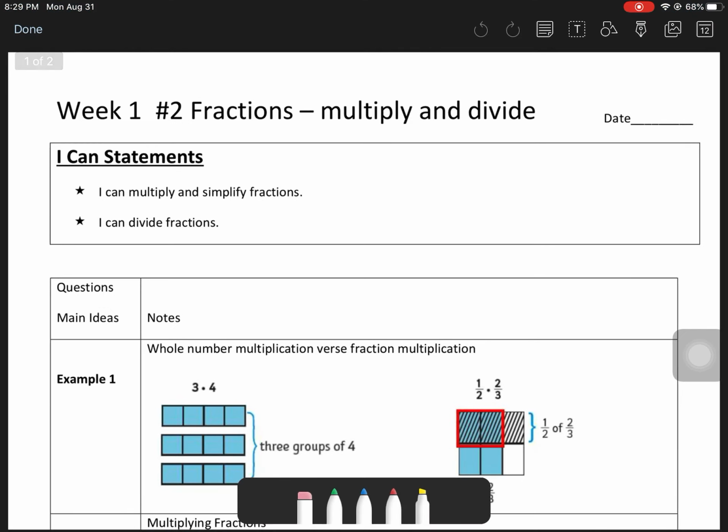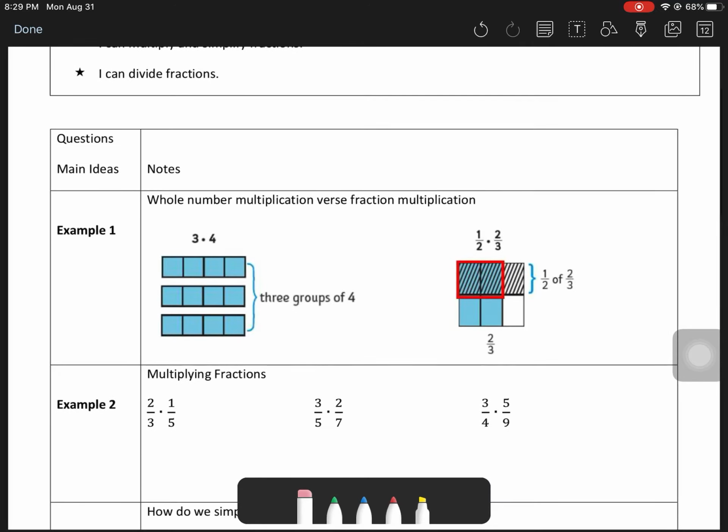However, when you take a look at multiplying fractions together, we can see that we are looking at half of 2/3. So I want to know if I have 2/3 of an object and I want half of that, I'm looking at that section that's in red.